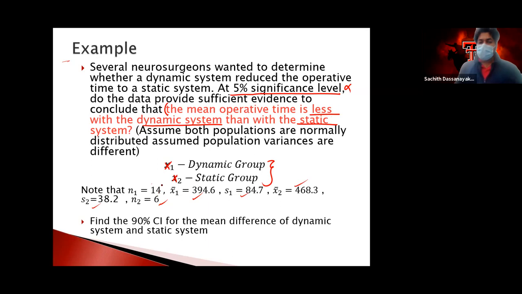You can see both n1 and n2 are less than 40, so you cannot use Z. You have to use T. Check this one: assume both populations are normally distributed. For the T case, we assume that the population is normally distributed. That's okay. But we cannot think about Z because the sample sizes are small.